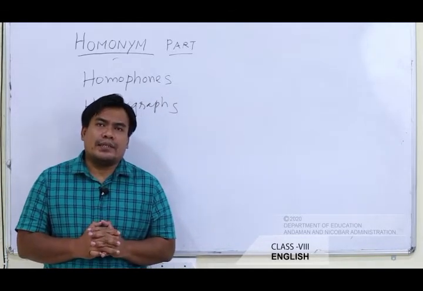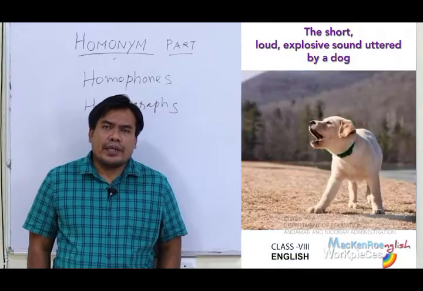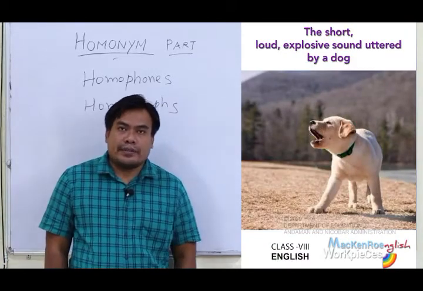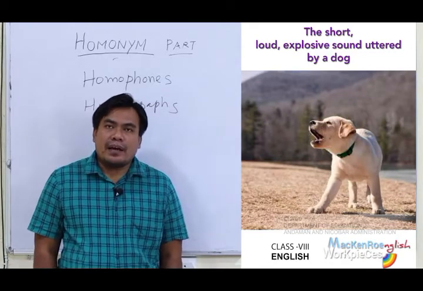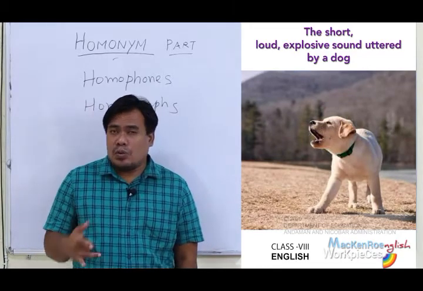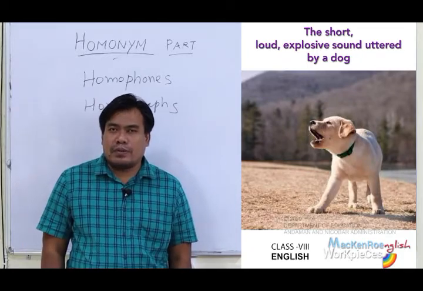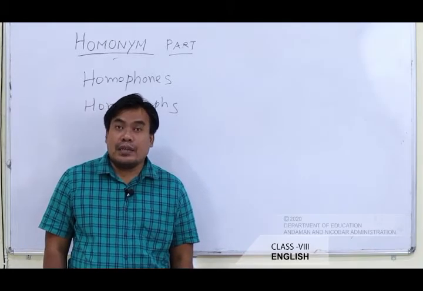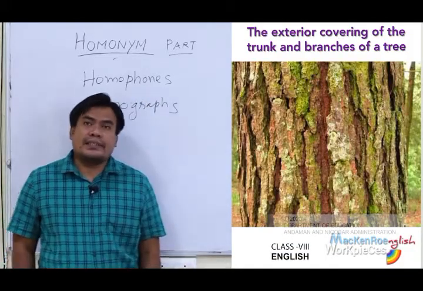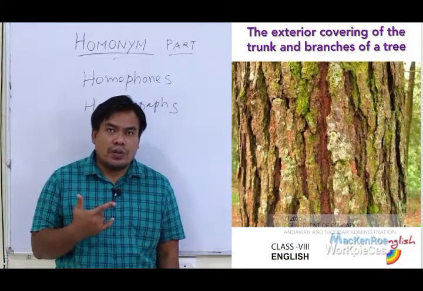You can see a dog over there, and what that dog is doing is barking. The dog is barking. B-A-R-K-I-N-G, barking, or bark. Now think of another one. What could that be? The bark of a tree. The exterior covering of a tree is called bark.